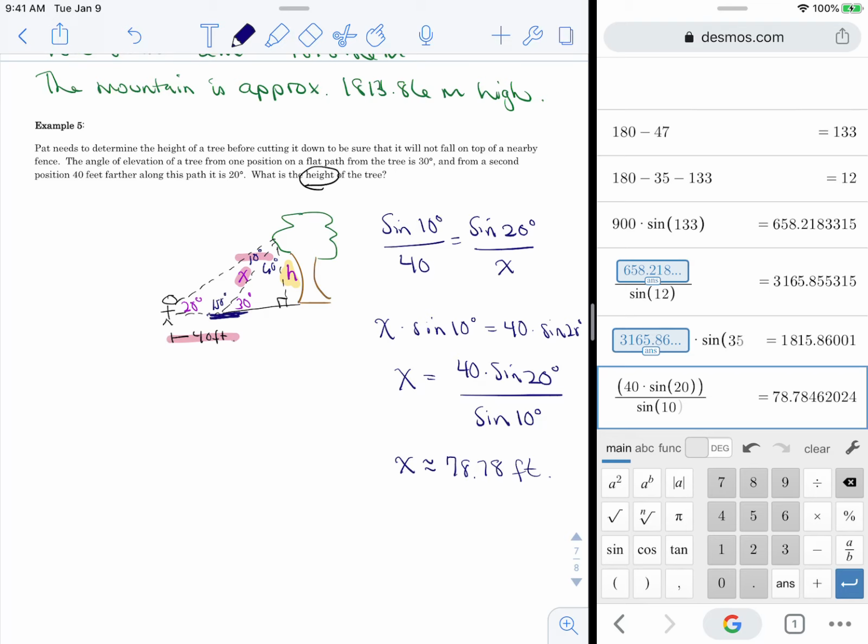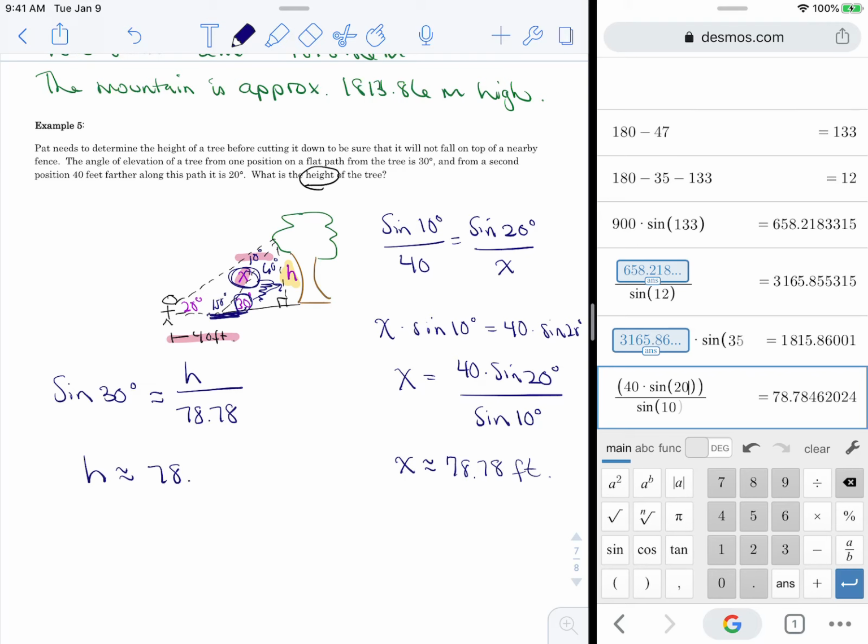So that's why now I'm in a right triangle, so I can use right triangle trig. I have to use sine since when I stand at 30, I'm looking for the opposite, but I'm given the hypotenuse. So it's sine of 30 equals opposite, which is your height, over your hypotenuse.